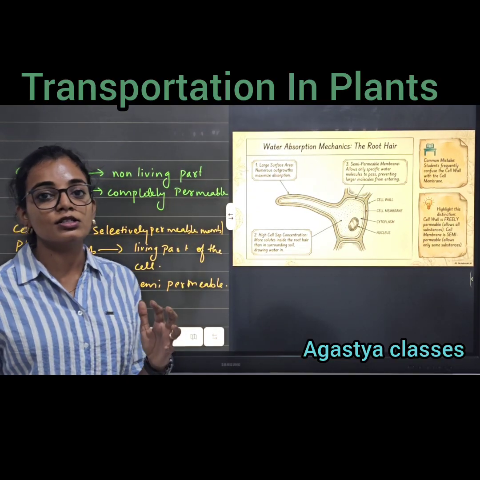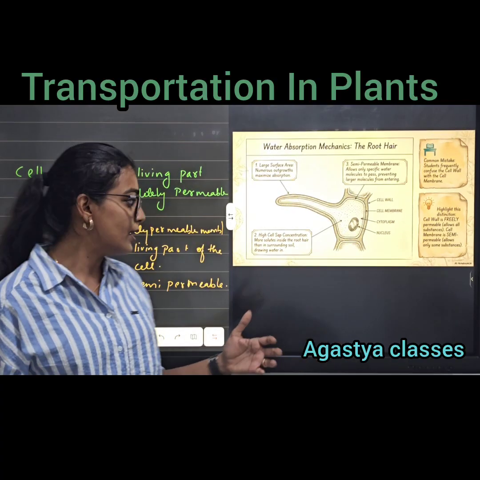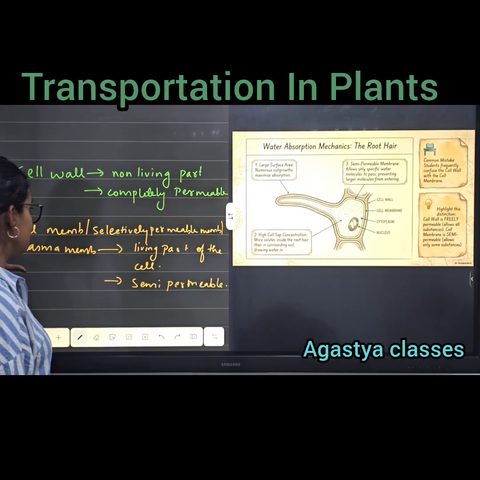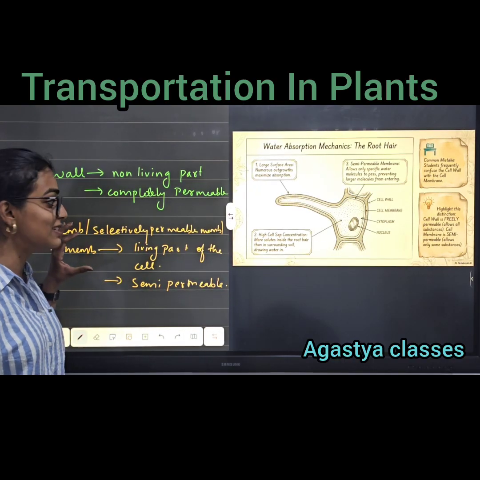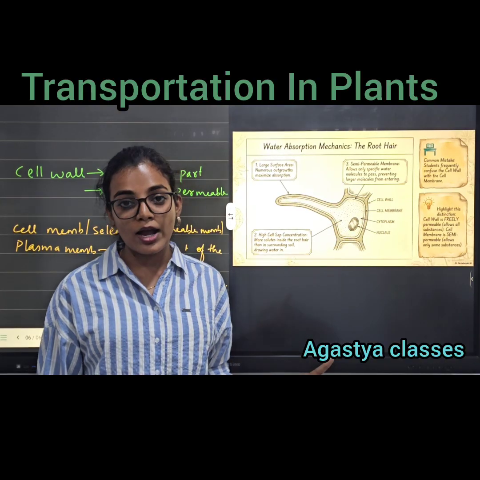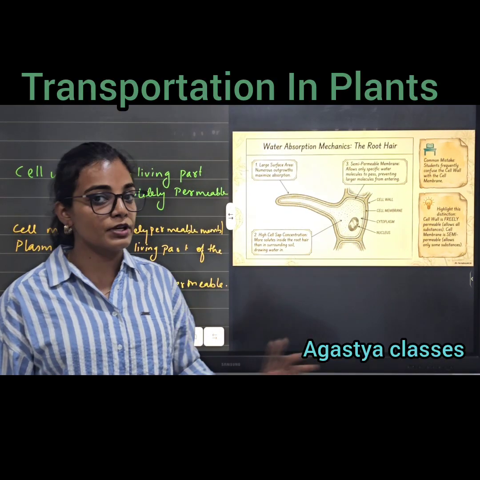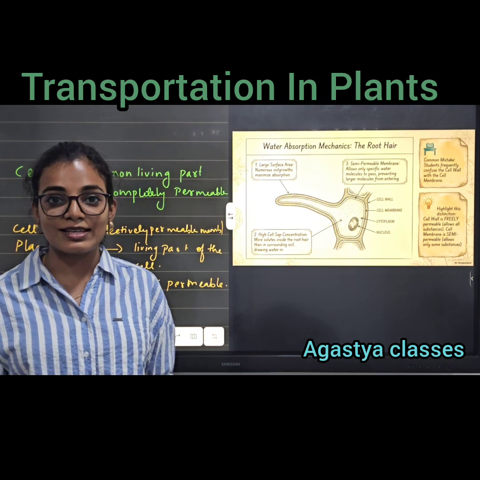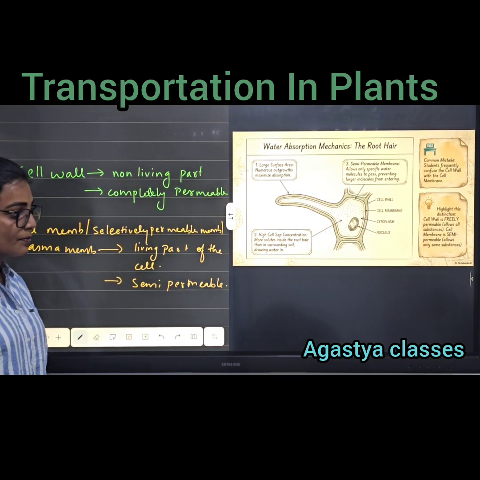If he or she is okay, then he will allow the member to enter into the society. Same way, cell membrane or selectively permeable membrane always checks whatever substance is entering into the cell, whether it is required for the cell or not. If it is required, it will allow. If it is not, it will not allow its entry. So hence it is also called as selectively permeable membrane.